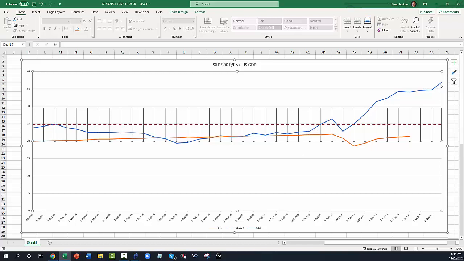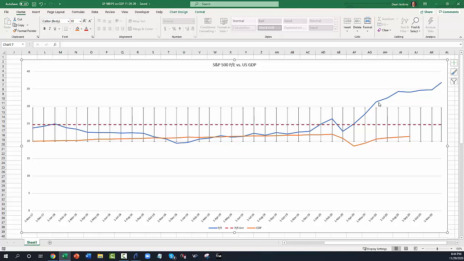And here we are at 36, 37. These bars are error bars, one standard deviation, and you can see it moves away from the mean but then reverts back to it. The market prices stocks based on what it thinks future earnings are going to be.